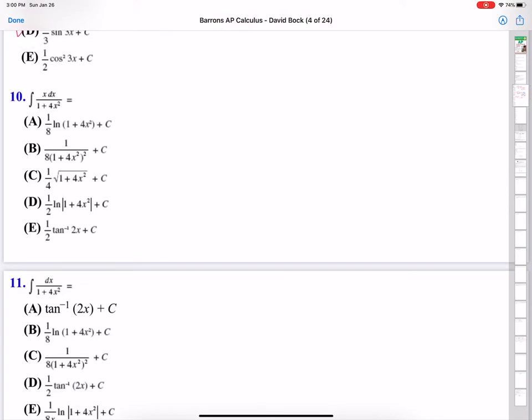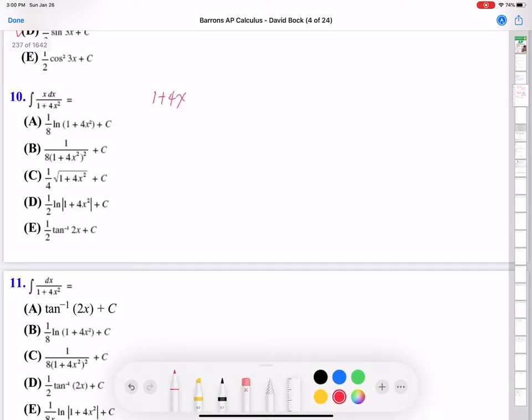Integral x over 1 plus 4x squared. So let 1 plus 4x squared be u. This part is going to be integral x over u. Change dx to du. How to? 1 over u prime du. So u prime, that means the derivative of u, is 8x. That is 8x, and then du.